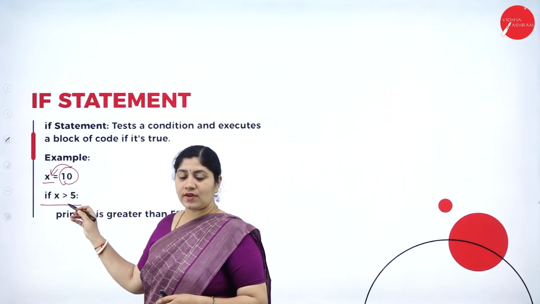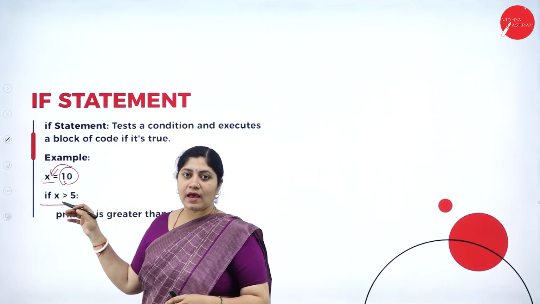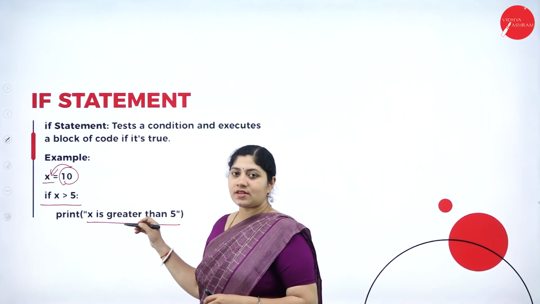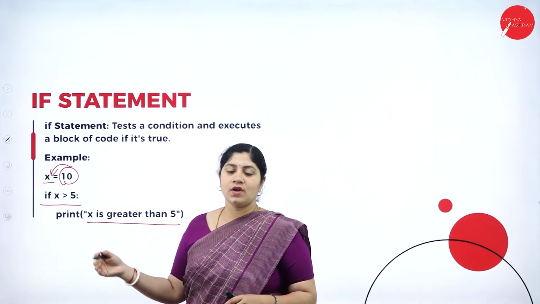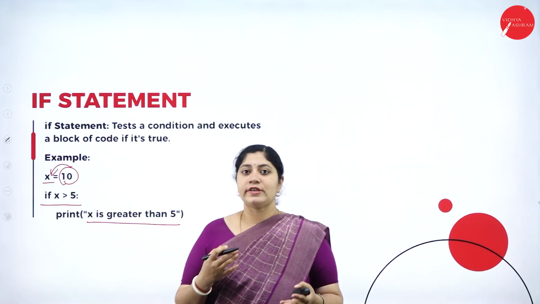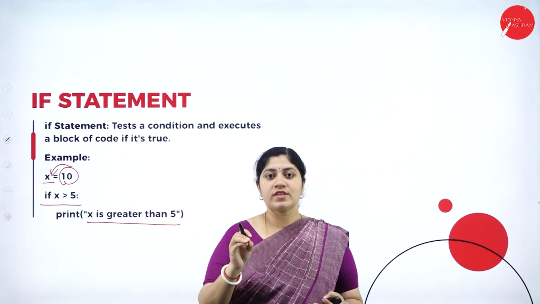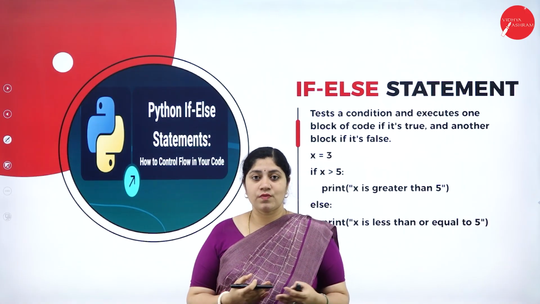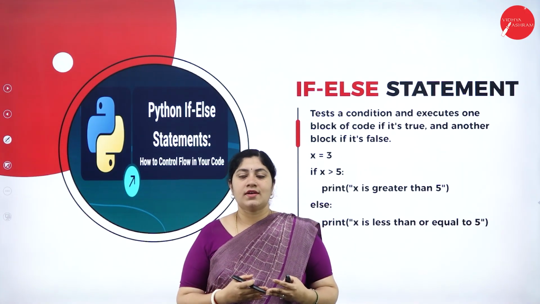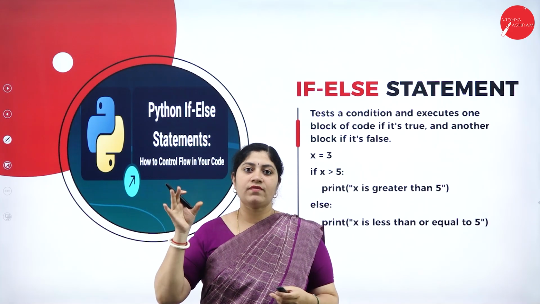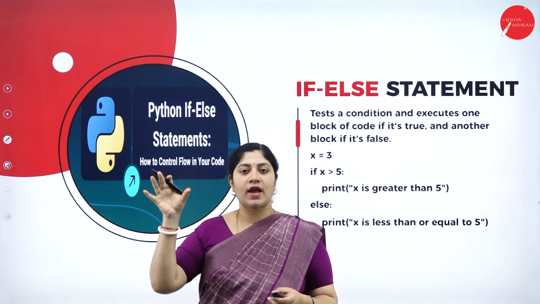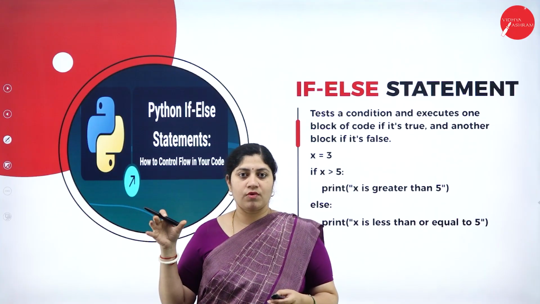If x is greater than 5, only then I have to get a result printed. Thus, x is greater than 5 will be printed. So this is all about an if statement, a priority statement in any programming language. Now let's move forward and understand, there was a condition, and with respect to that condition, if and only if it is true, my small part of code will work.